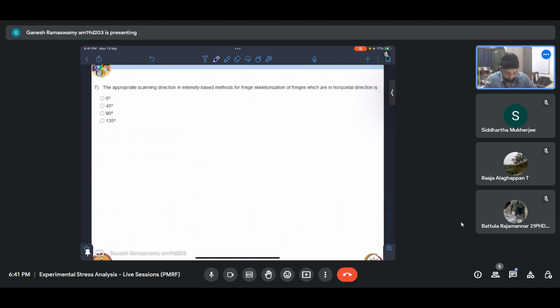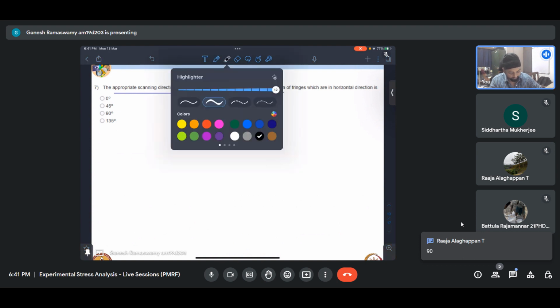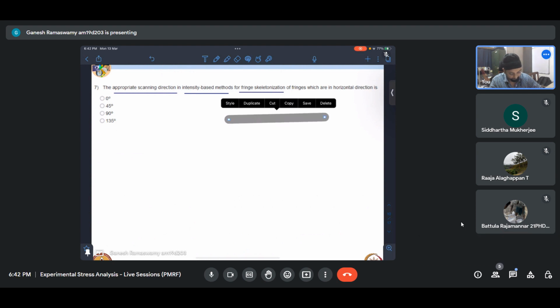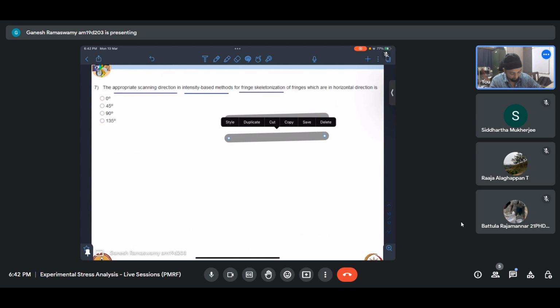The appropriate scanning direction in intensity-based methods for fringe skeletonization of fringes which are in the horizontal direction. Essentially, we are saying that we have fringes like that, but the fringes would actually have a center line.